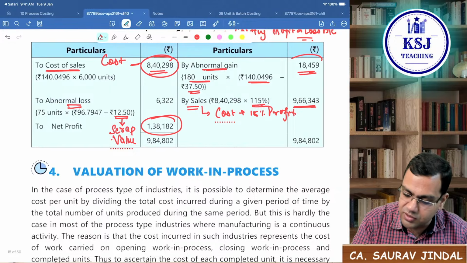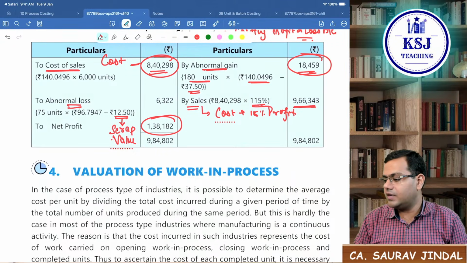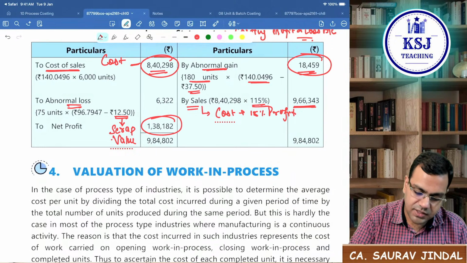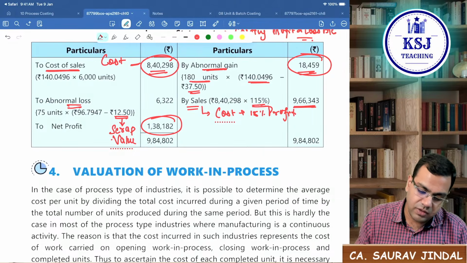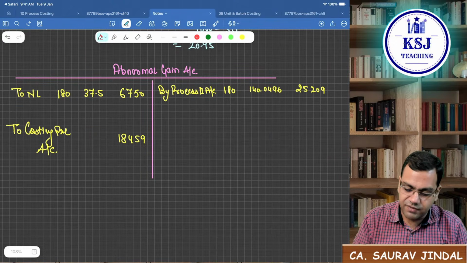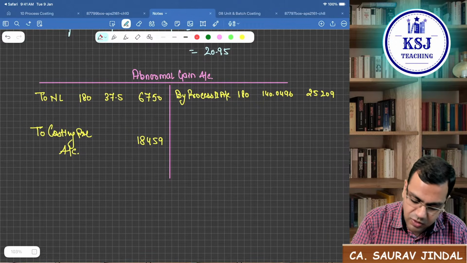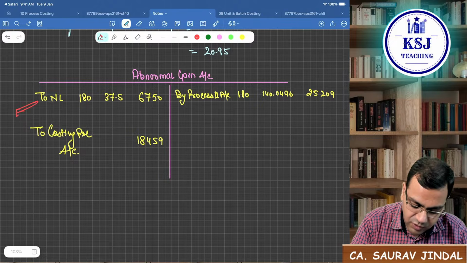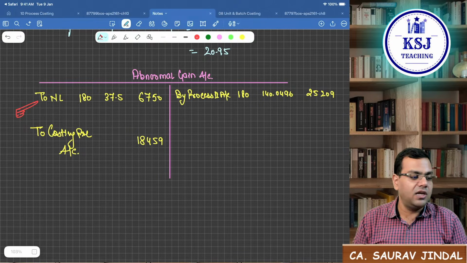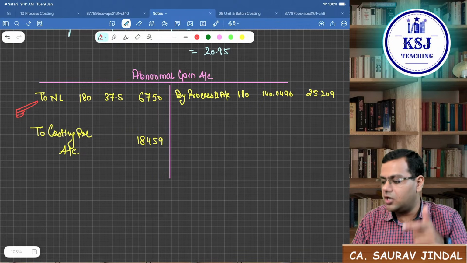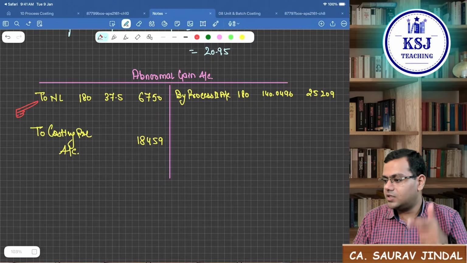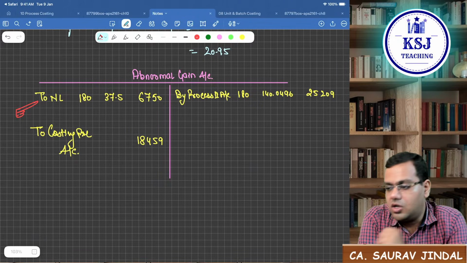This is the value that they have taken in the income statement, 18,459 rupees. Right? This is your abnormal gain account, which they can ask. So in case of abnormal gain account, this is where you have to be careful: the scrap value is to be adjusted against the normal loss.